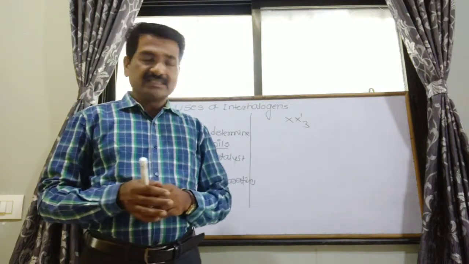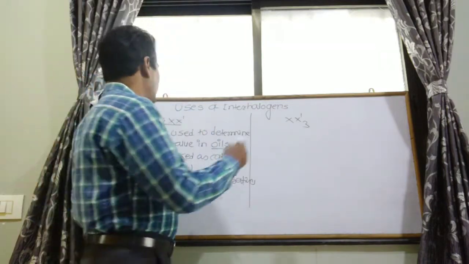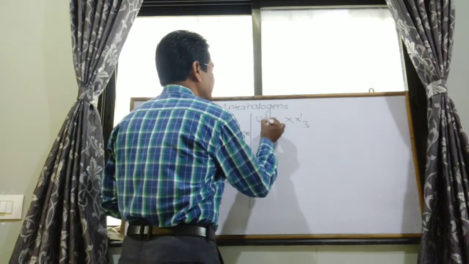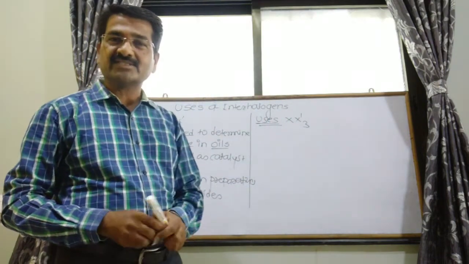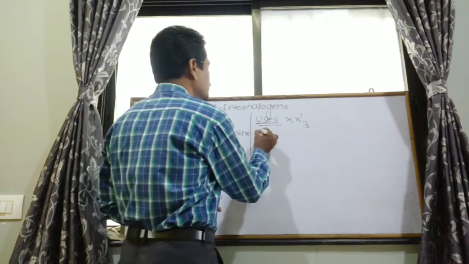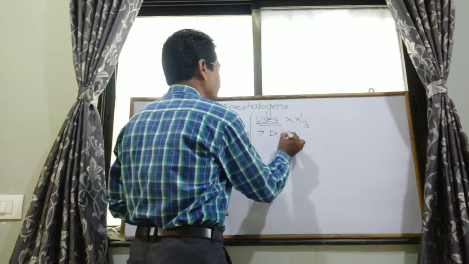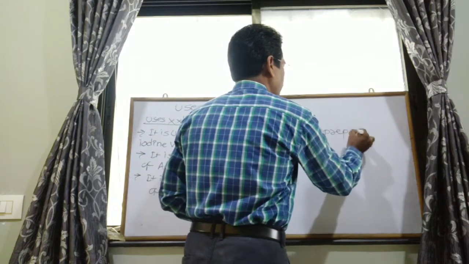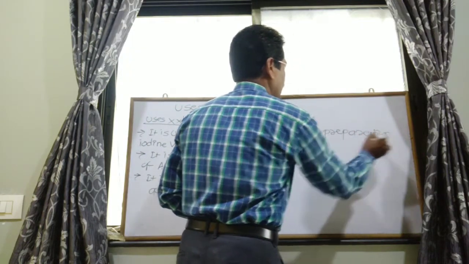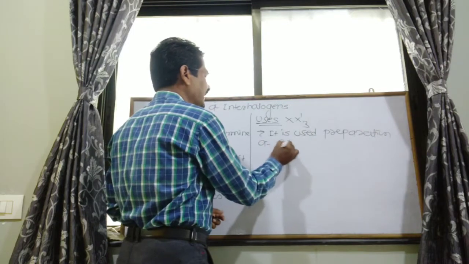After that, see the uses of XX'3. First use, it is used in preparation of polyhalides.